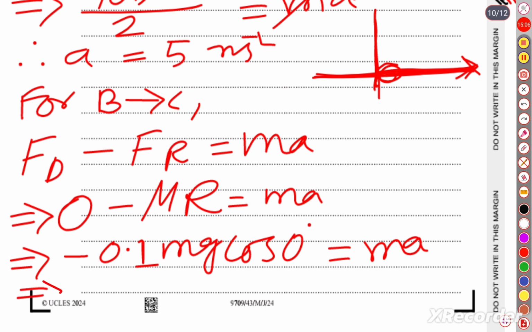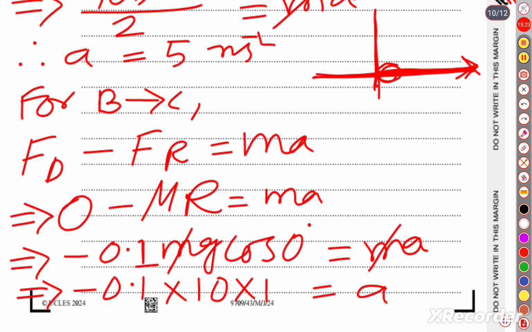Now if we calculate, m from both sides can be cancelled, and the g is so negative 0.1 into g. We know the acceleration due to gravity is 10 meter per second square, and cos 0 is equal to 1, equal to a.